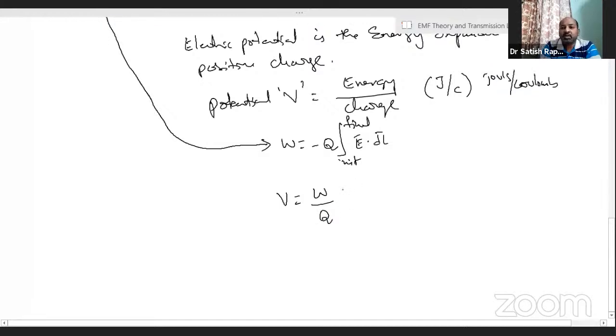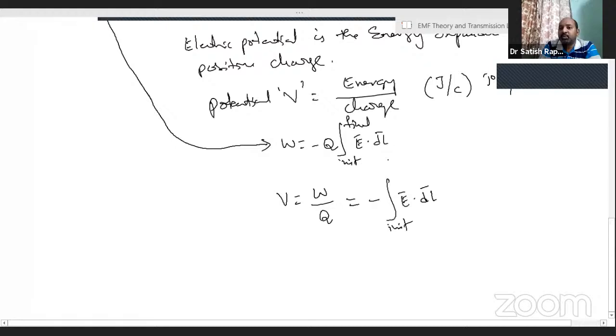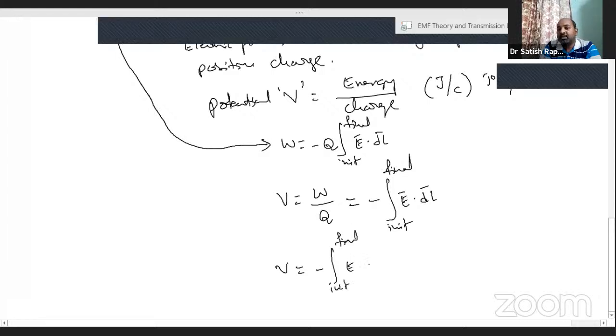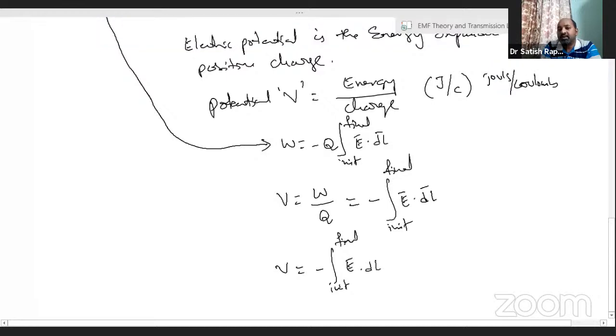V is equal to W by Q, which is equal to minus integral E bar dot dl bar, initial value to final value. So therefore, potential V is equal to minus integral initial value to final value E bar dot dl bar.